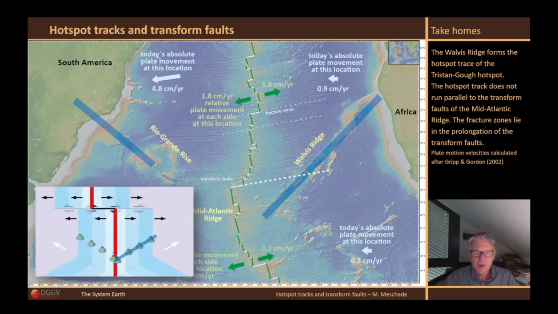I think the agreement between the model and what we see here in the hotspot tracks and transform faults or their extension in the fracture zones is very clear. The model shows clearly that the absolute plate movements do not have to run parallel to the relative movements.